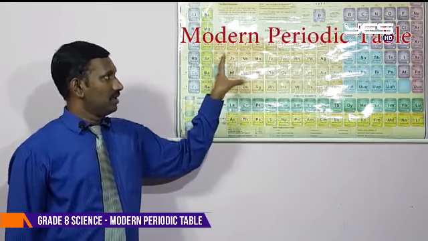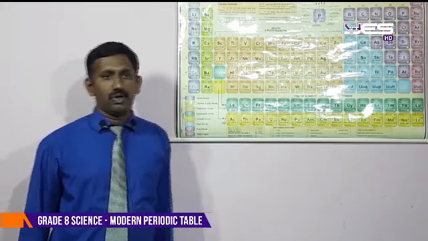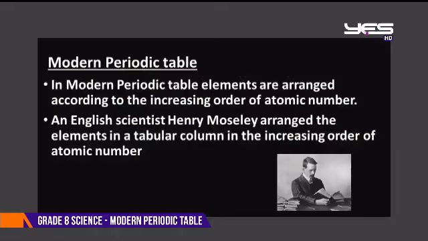So who introduces this modern periodic table? An English scientist namely Henry Moseley, and he arranged the elements in the increasing order of atomic number in tabular columns, that means in tables, and is known as a modern periodic table.